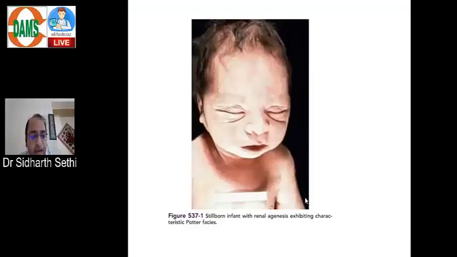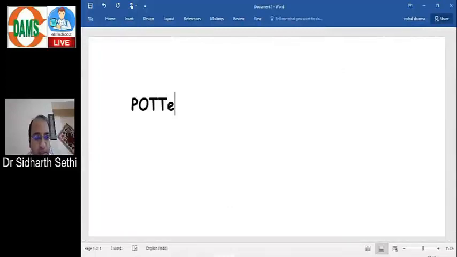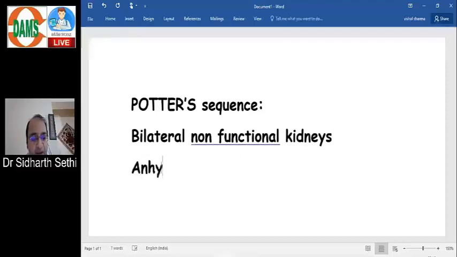Now remember, Potter's sequence can be seen in any cause of bilateral non-functional kidneys. Any cause of bilateral non-functional kidneys will cause the mother to have anhydramnios.